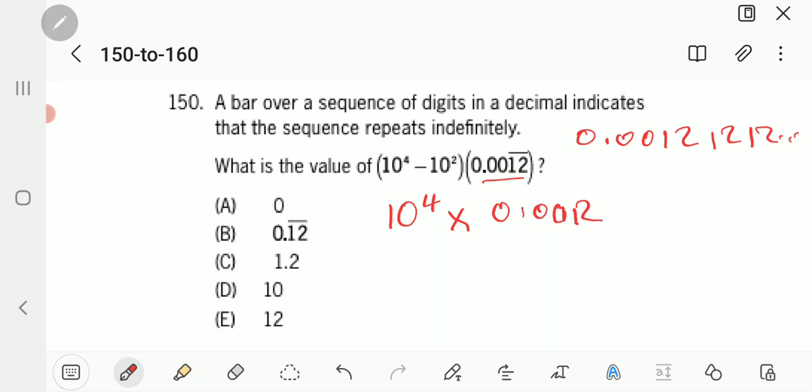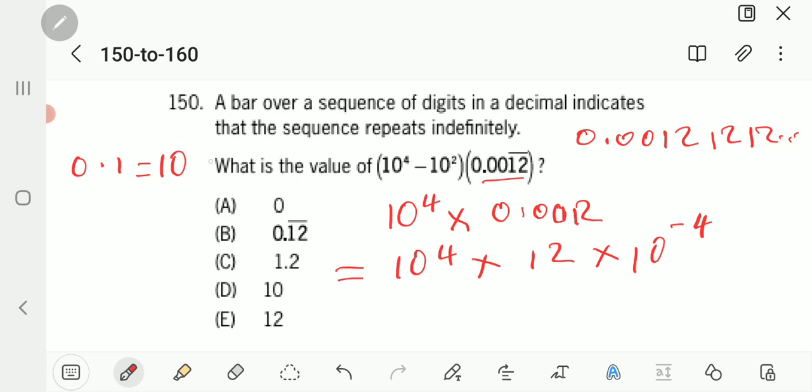All right, 0.012. Then we can write this as 10 raised to the power 4 times 12 times 10 raised to the power negative 4. Remember, sometimes we are confused how to do this exponent, but we can go back to the one we know. Since we know that 0.1 equals 10 raised to the power negative 1, and that means we counted 1.